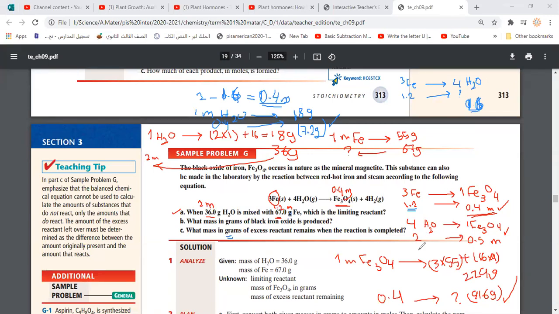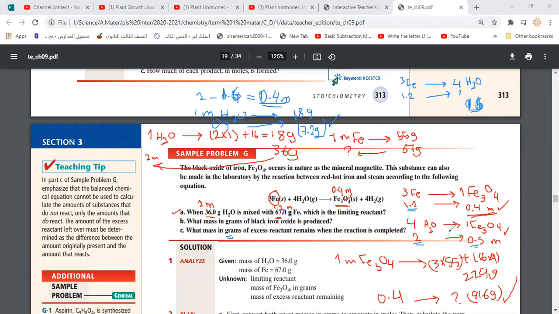How many moles do you have of water? 2. And once they are completely used, they will produce? 0.5. So that means the 1.2 will be used up once the 0.4 is produced. That means I don't have enough iron to react with the water to reach 0.5. You get the idea?